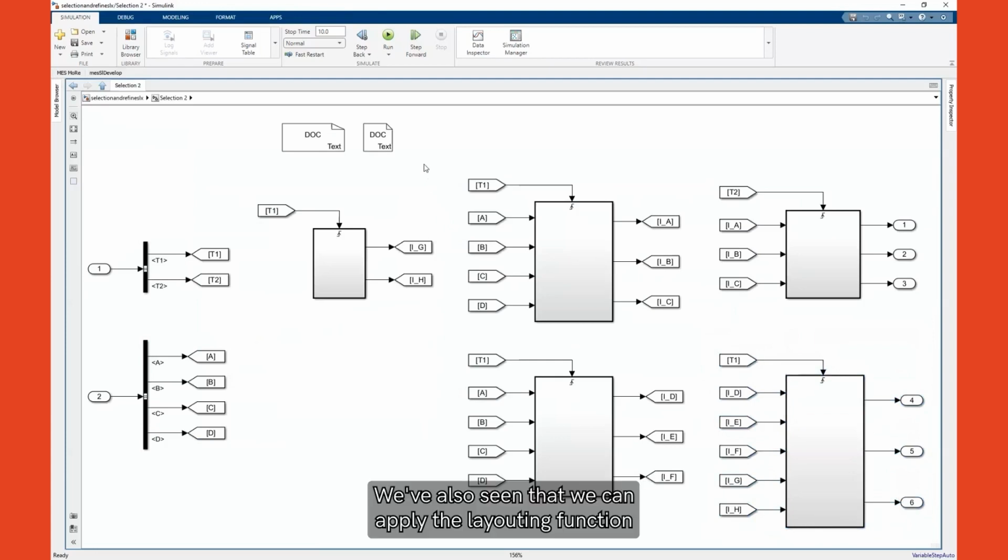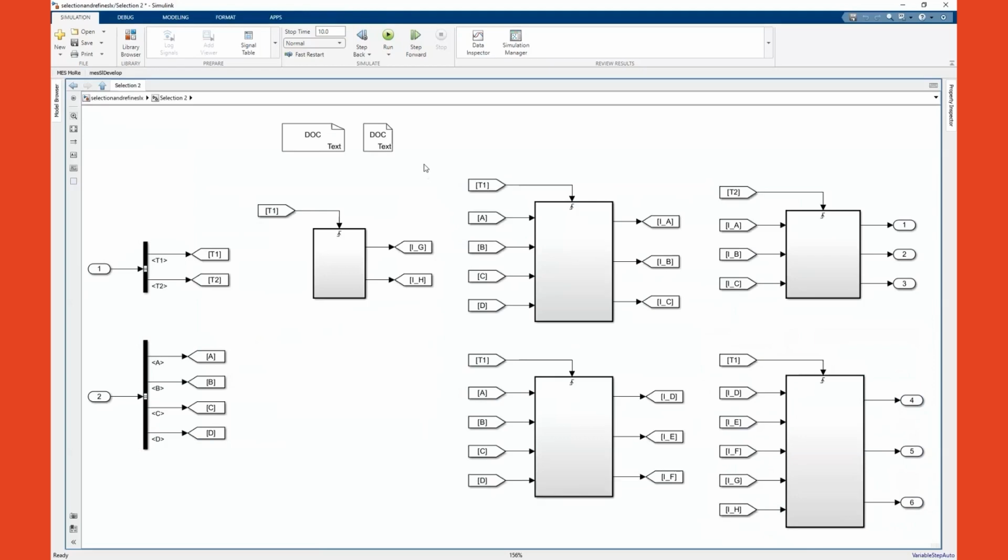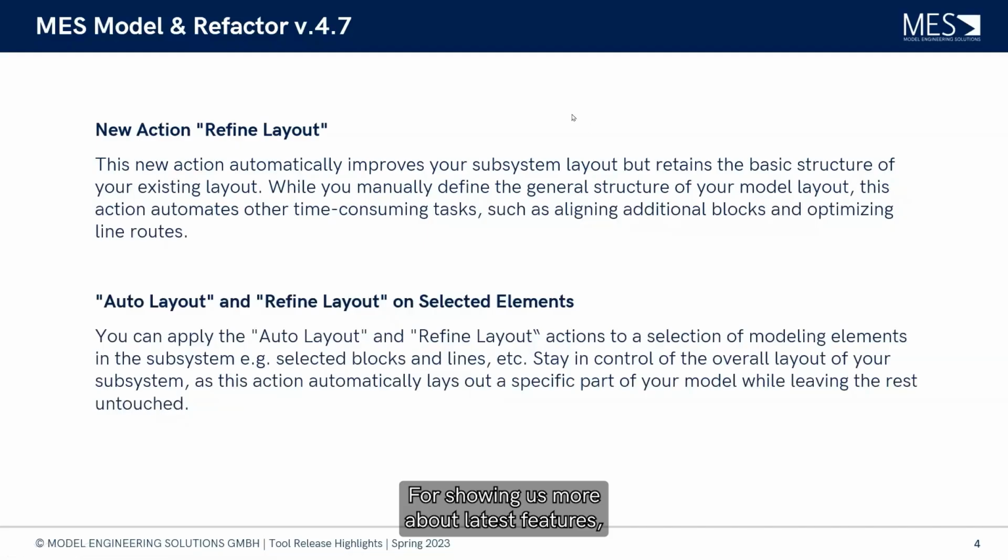Or we've seen also that we can apply the layouting function on any selection that we like. So we have a very nice support for all the use cases that we want to apply to make our models look nicer. Correct.